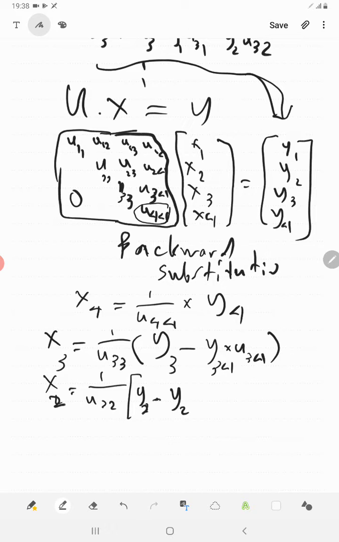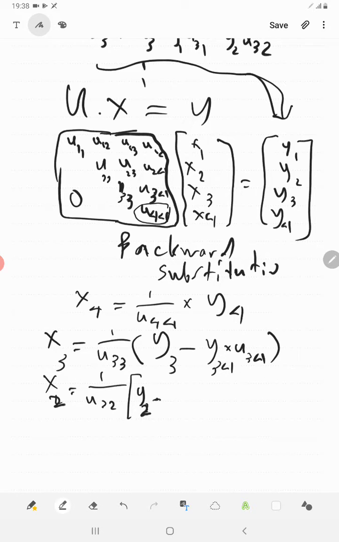To calculate y3 we want to calculate x, but we don't know x2, so we have to calculate it. So it should be y2 minus, then we multiply this times x3 and this times x4. Let's go back again, let's take this one here.